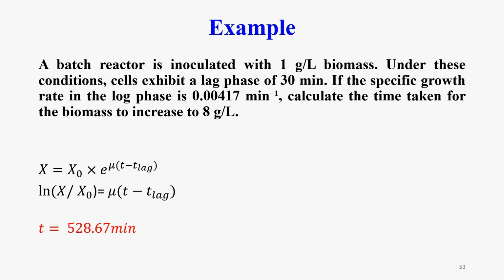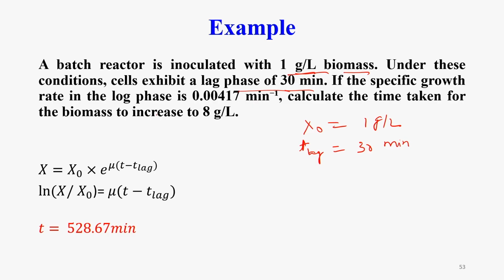It says a batch reactor is inoculated with 1 gram per liter biomass. Under these conditions, cells exhibit a lag phase of 30 minutes. So, what is given here? X naught is 1 gram per liter and T lag is 30 minutes.